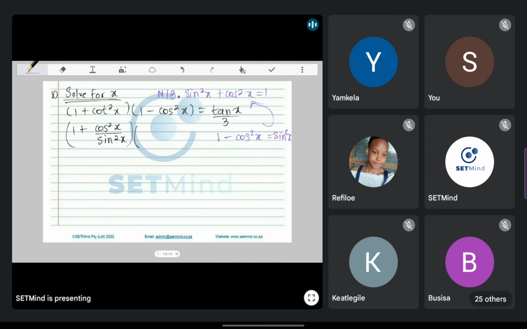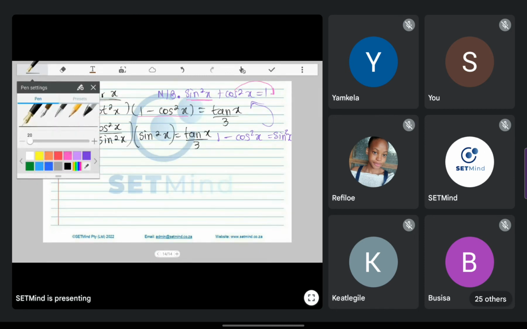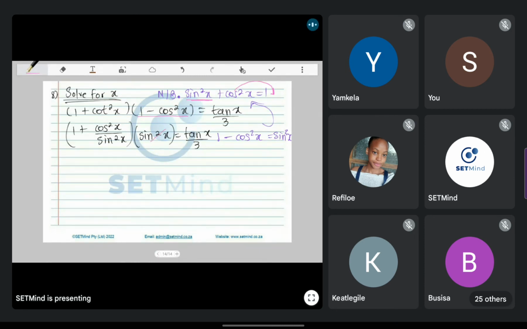So instead of writing 1 minus cos squared x, I know that if I take the cos this side, it becomes a negative, I'm left with the sine. So I'm gonna leave sine squared x here. And this is gonna be equal to tan x over 3. Okay, cool. So if we multiply here, this is gonna cancel with this.